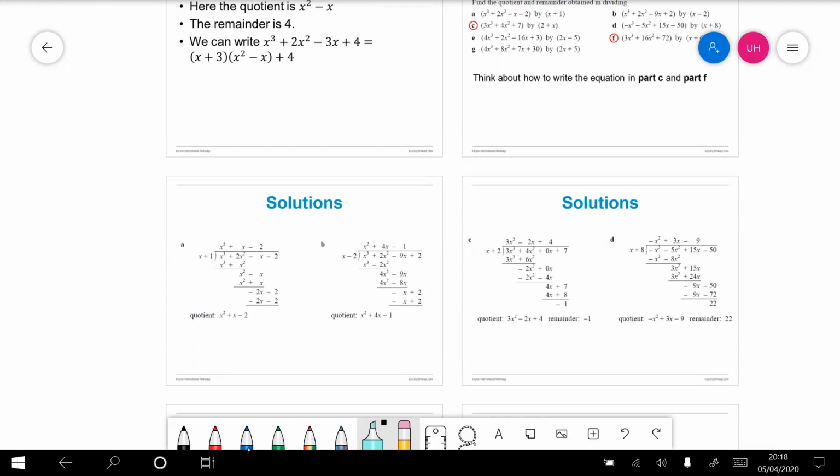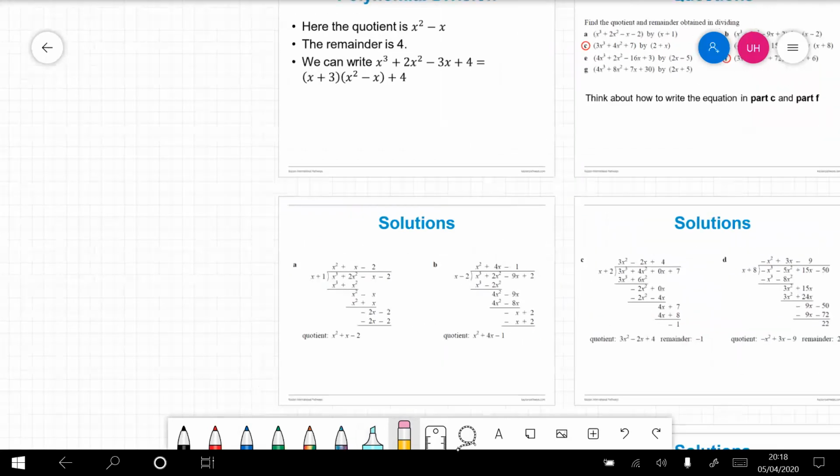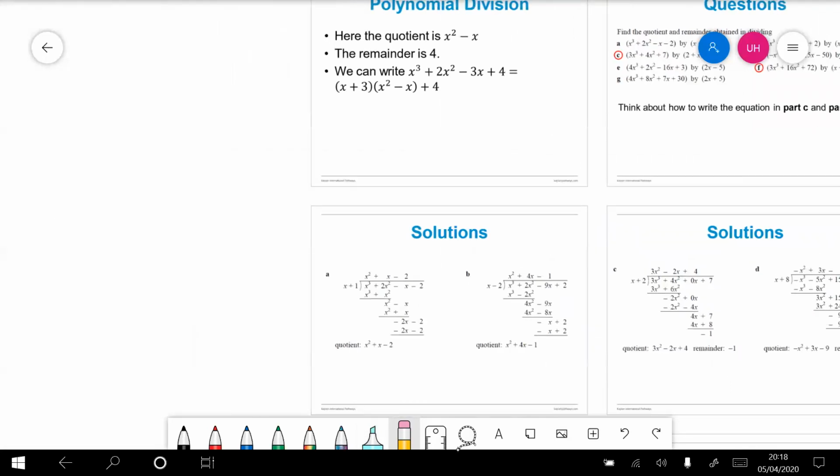So there is exercise 4.5, question 1. You can practice A, B, C, D. If you want to practice, you have exercise 4.5, page 26.